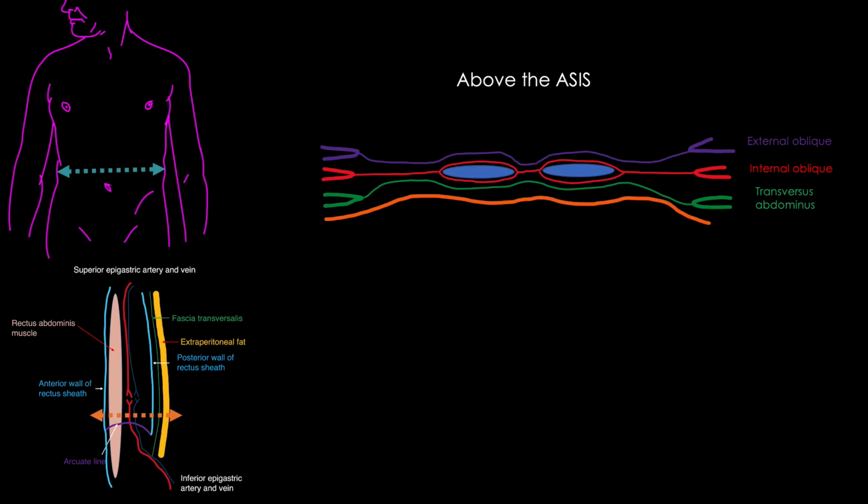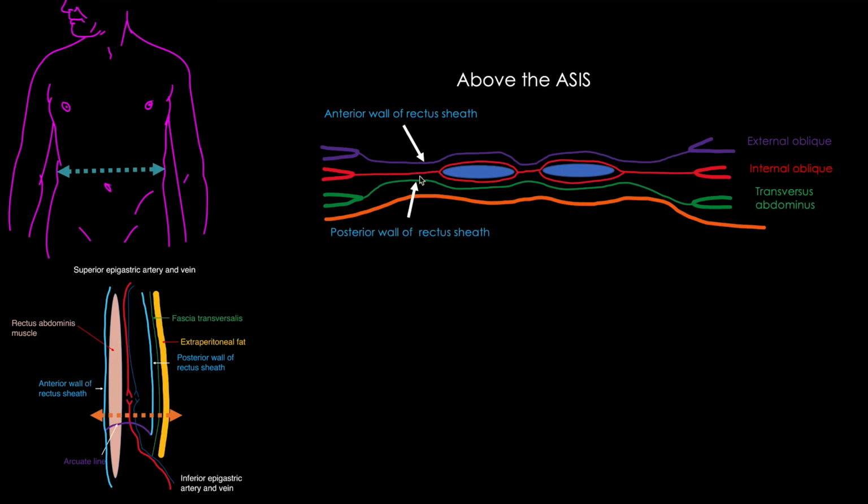And then this orange line we are looking at is representative of the fascia transversalis. So now what do we have? We have the anterior wall of the rectus sheath. You can confirm it here. This section is at this level. So we can see this blue line, and that blue line is basically this anterior rectus sheath. And then where is my posterior rectus sheath?